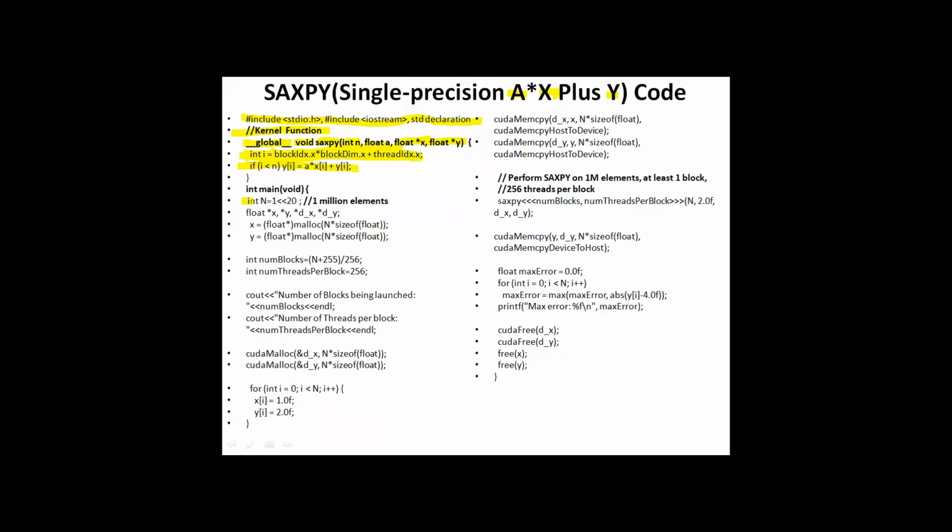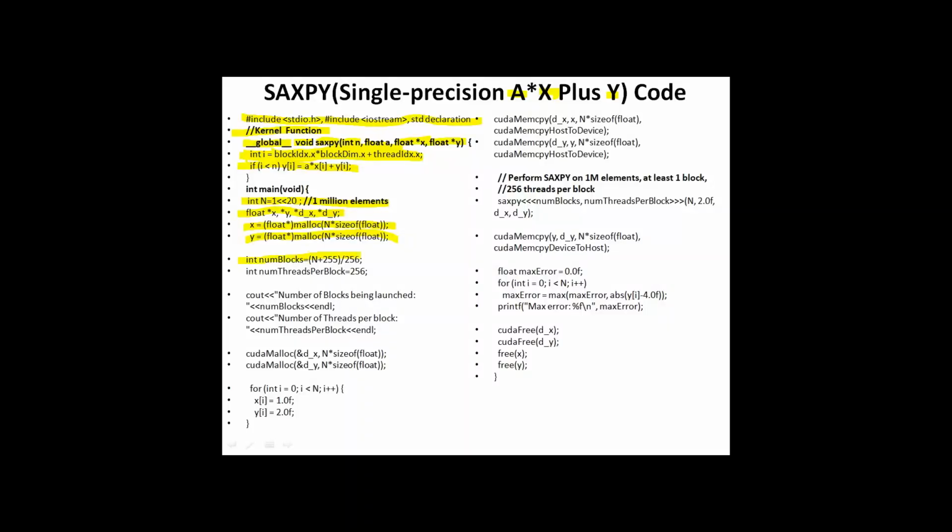Then in the main function, we are creating the number of elements, or let's say 1 million elements. Then we are creating the pointers, x pointer, y pointer, d_x and d_y. Then we are doing the allocation of x and allocation of y using malloc of type float, n number of elements.